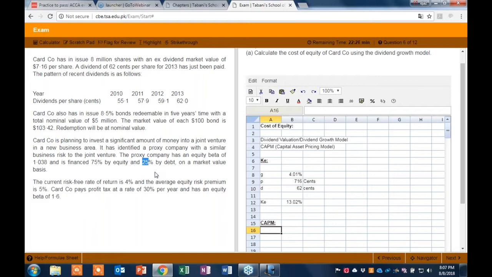So what will happen if you don't have the ability to pay the debts? You still will be required to pay the debts, and that may force you into liquidation. So debts are cheaper, but at the same time, they are riskier because you have to pay them at the end of the day. So more debt, more financial risk.